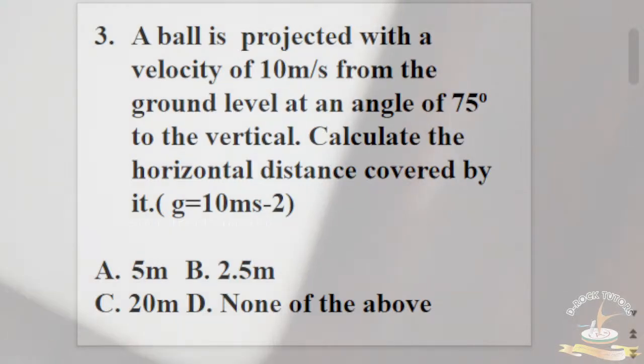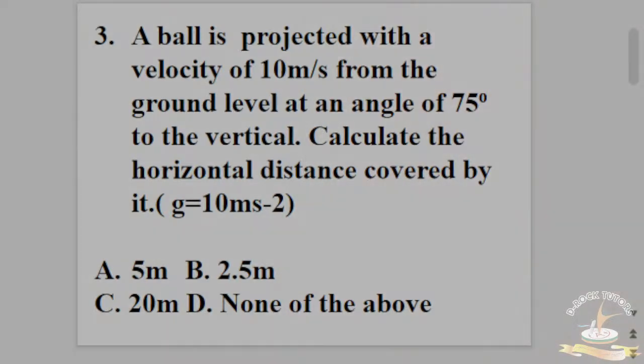Know the difference between the two of them. For maximum range, it must be thrown at an angle of 45 degrees. But for maximum height, it should be thrown at an angle of 90 degrees. So let's take note of that.